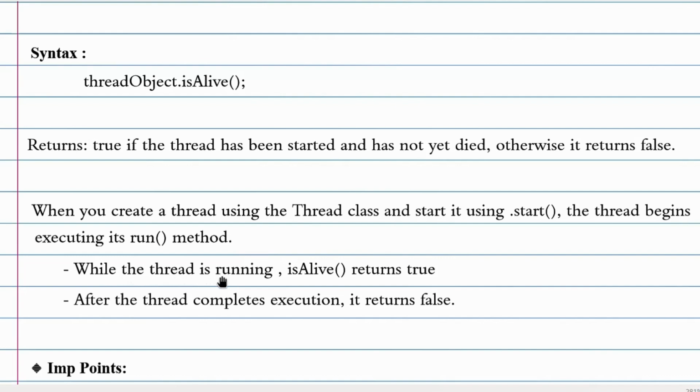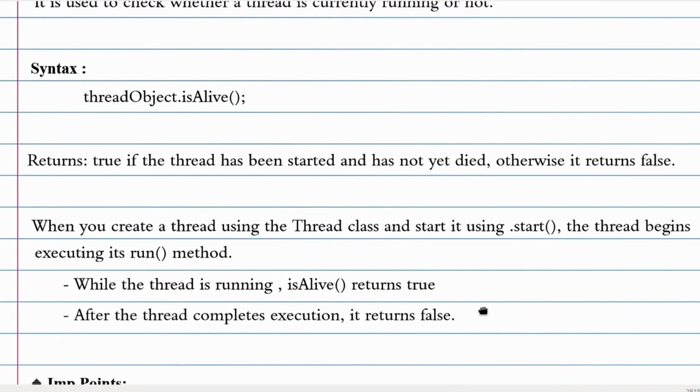While the thread is running, isAlive returns true. After the thread completes execution, it returns false. While the thread is performing its task, the isAlive method will return true, and after the thread completes its task, it will return false.